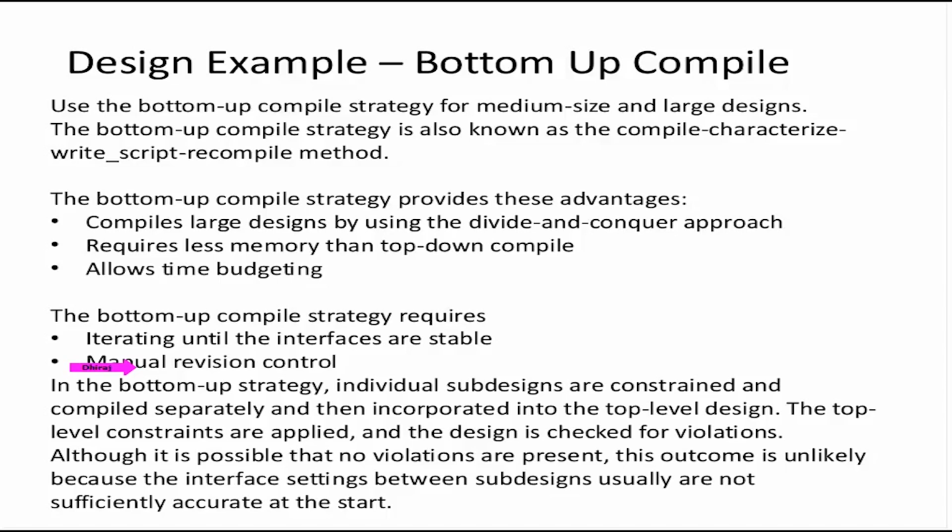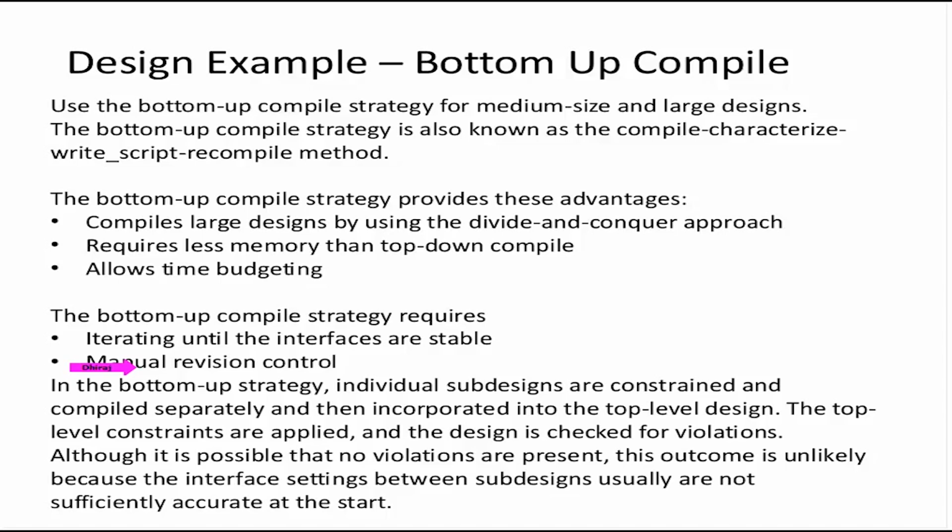Now the effort from Design Compiler's point of view is reduced because inside your top level design all the sub designs are already compiled. They are pre-compiled. So what it's doing at the top level is just synthesizing the glue logic. So the effort is reduced.